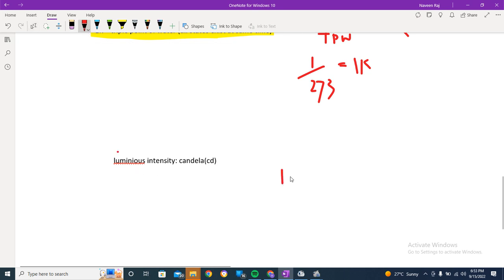One candela is equal to the light focused on one part of 6 into 10 to the power 5 square meters.